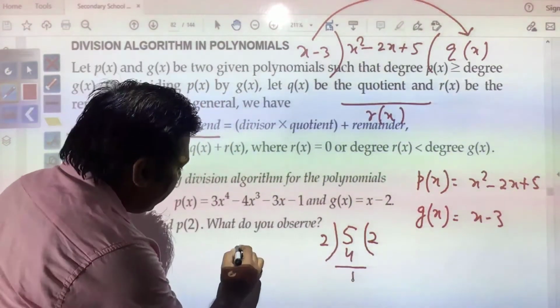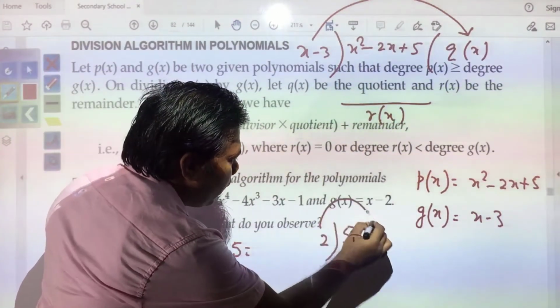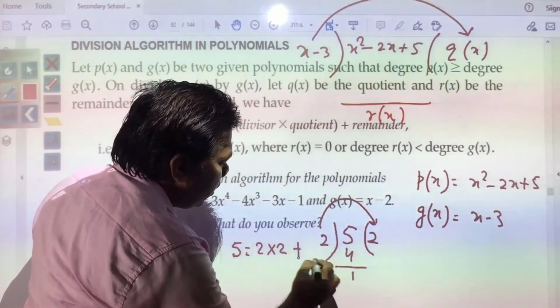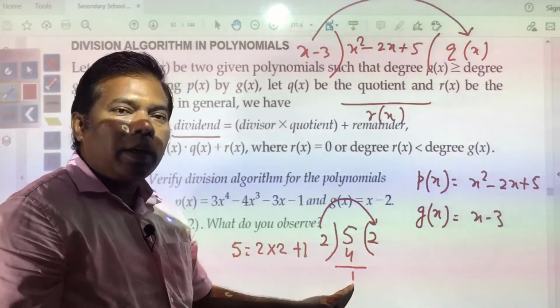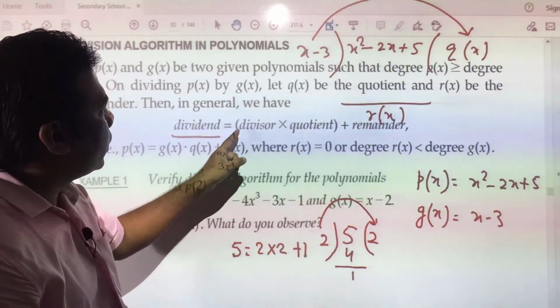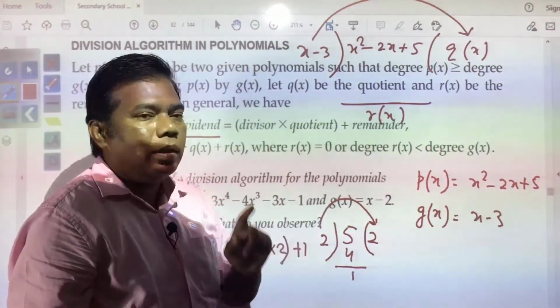So this 5 can be written as 5 is equal to 2 into 2 plus 1, it means divisor into quotient plus remainder. The same thing has been written over here.